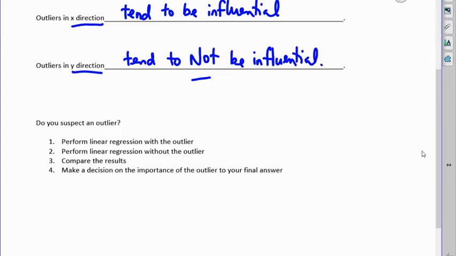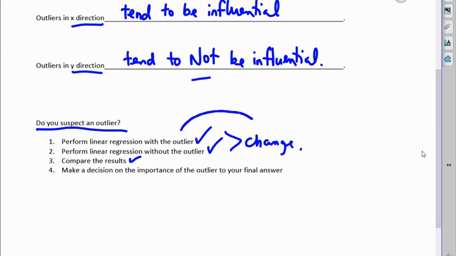So if you do suspect an outlier, then you will have to perform your linear regression with the outlier. Then you will have to run it again without the outlier. Then you will compare the results. If you found that there is a big change between these two, then you should lean towards using the data with the outlier, unless you have a very clear reason why you can remove that outlier.